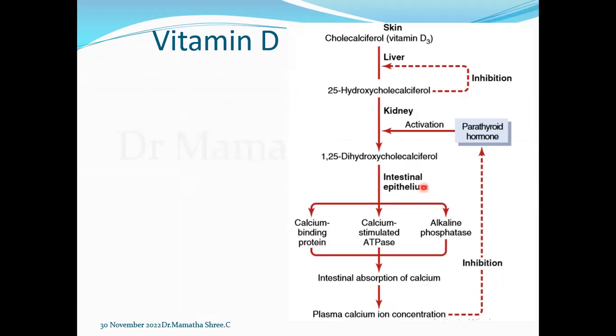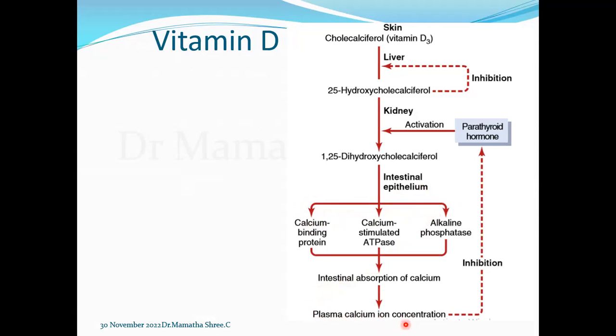It mainly acts on the intestinal epithelium, wherein it causes an increase in calcium binding protein. It increases the calcium stimulated ATPase. It increases the alkaline phosphatases, hence causing an increase in intestinal absorption of calcium. Therefore, there is increase in the plasma calcium concentration.